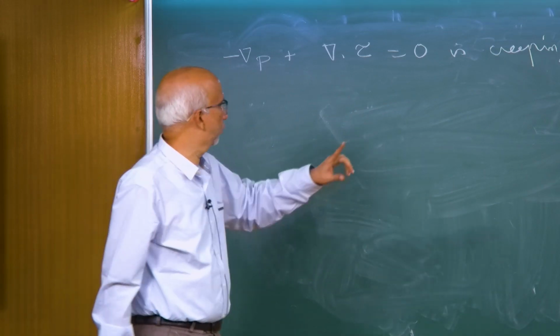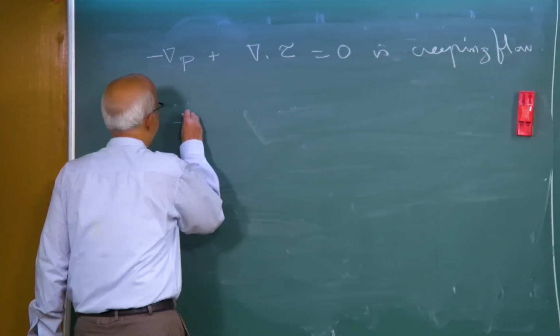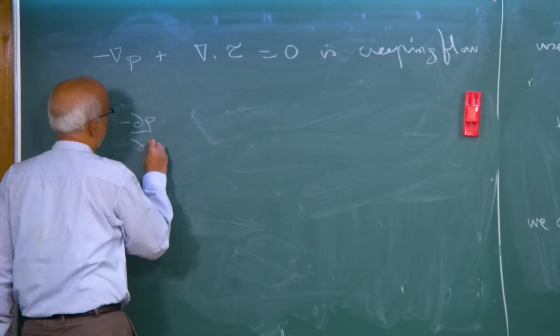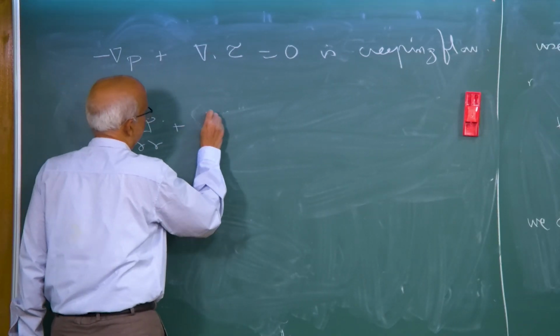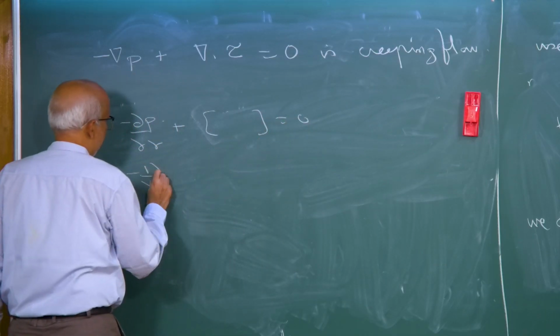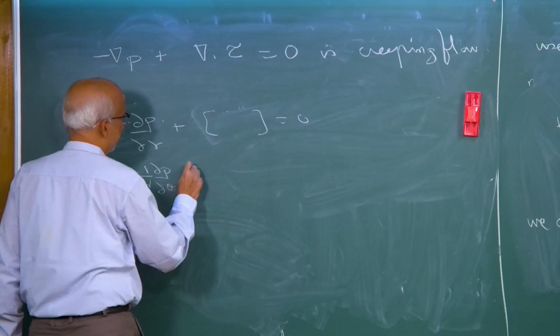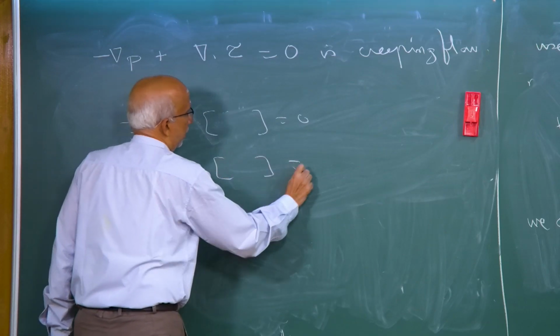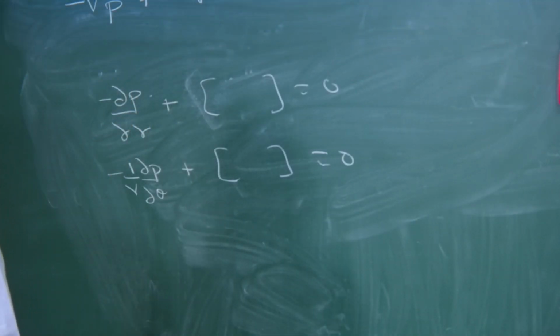So, you can substitute. So, you have two equations here, minus dP by dr plus something equal to 0, minus 1 by r dP by d theta or something like this equal to 0. Two momentum balance equations are there, right. You can use any one of them.